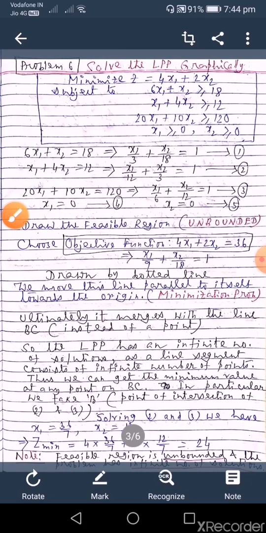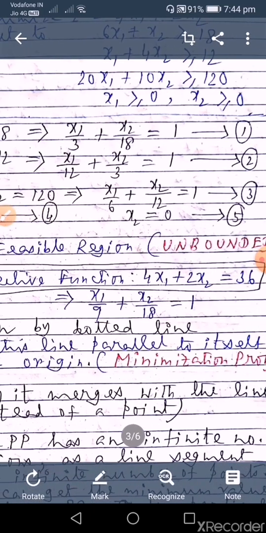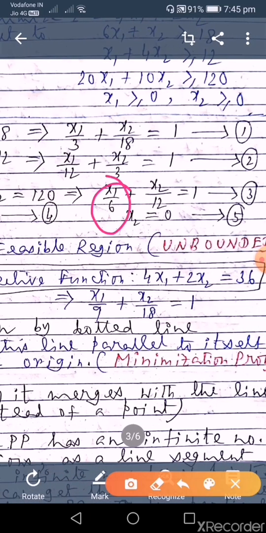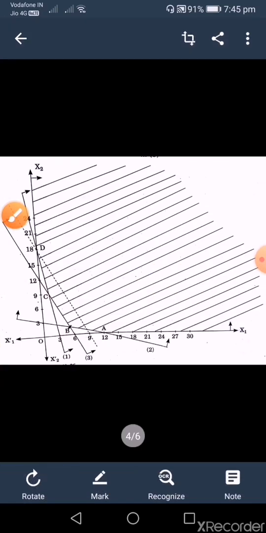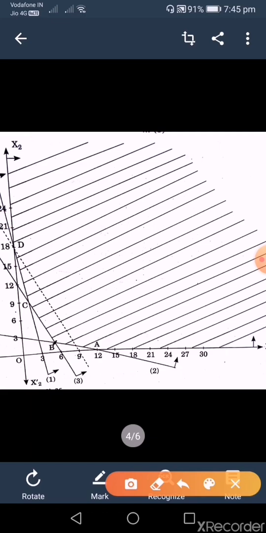And for the last one, you see it will pass through the points (6, 0), (0, 12) away from origin. You see here this is (6, 0) and this is (0, 12) away from origin.